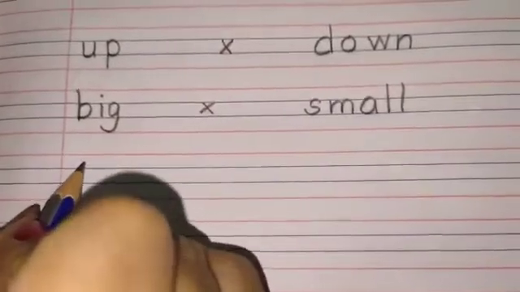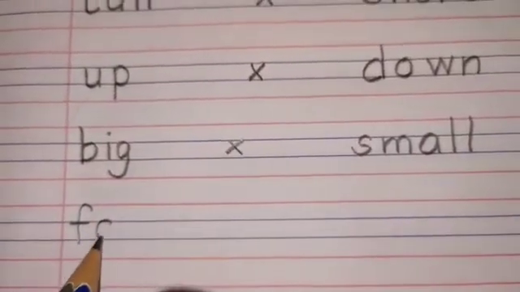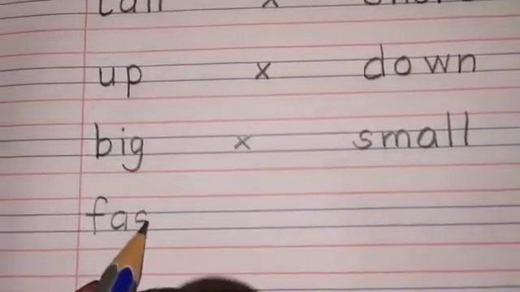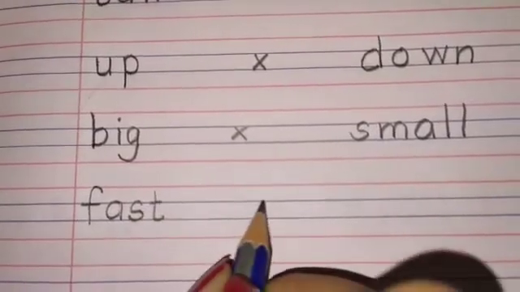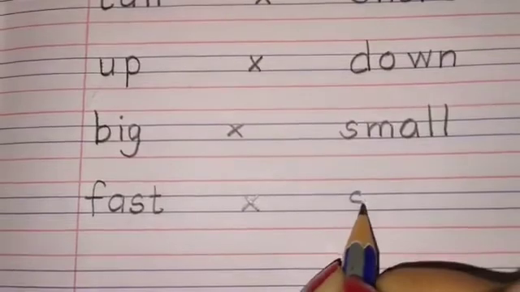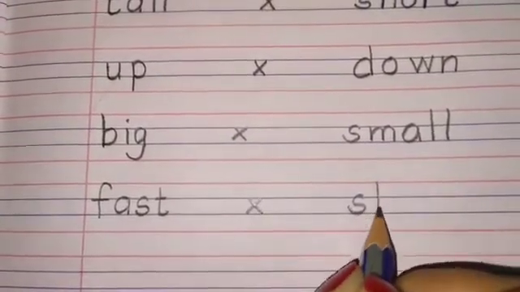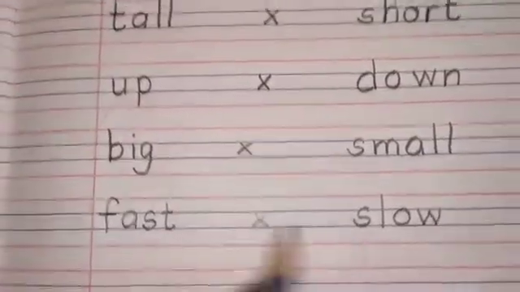Next is fast. F A S T. Fast. Make a cross. And opposite of fast is S L O W. Slow.